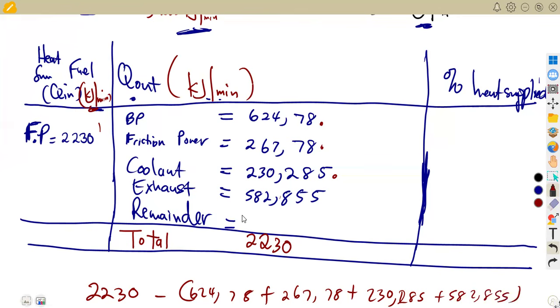So this is going to give us the remainder by difference. That's our remainder. And that was going to be something like 528, if I'm not mistaken, 524, sorry, 524,297. All right, let's just calculate and see what you're obtaining, guys.